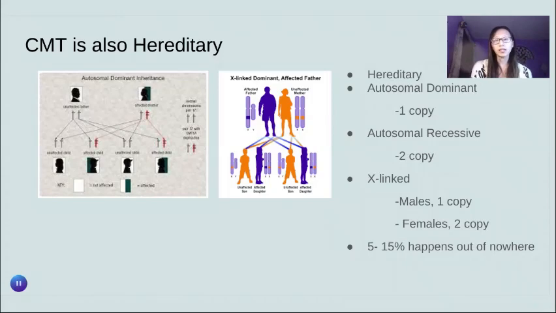If it is X-linked, males may only need one copy, while females may need two copies of the X chromosomes. Five to 15% happens out of nowhere, meaning if the parents do not have any history of CMT and the kid ends up having CMT, it is due to a mutation that just happens out of nowhere.